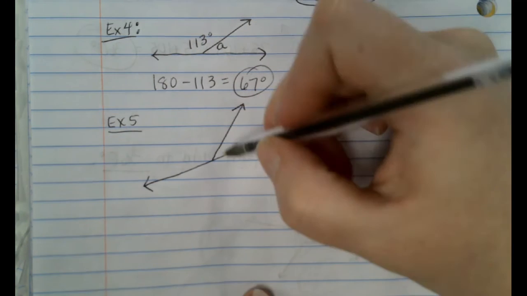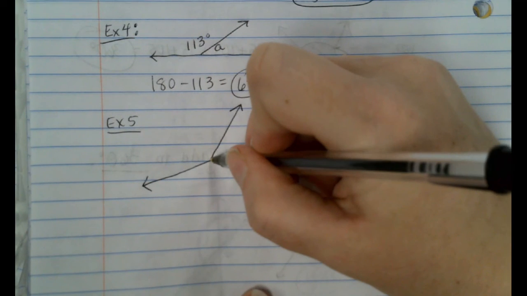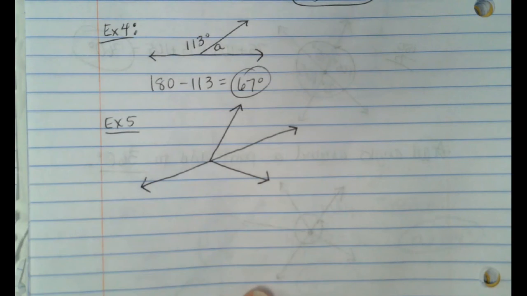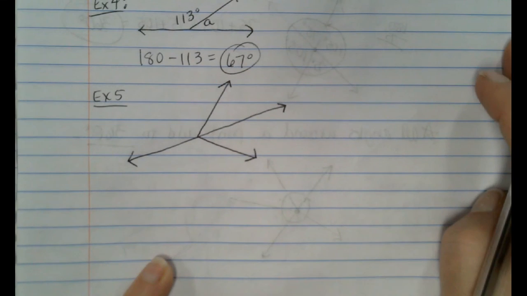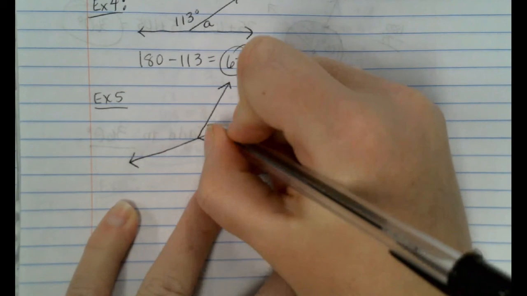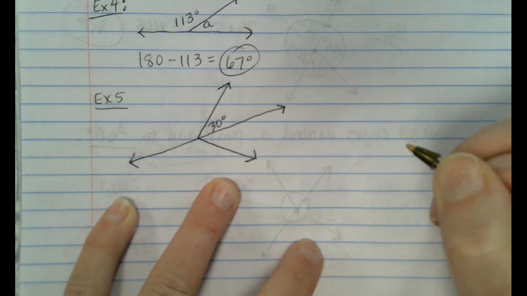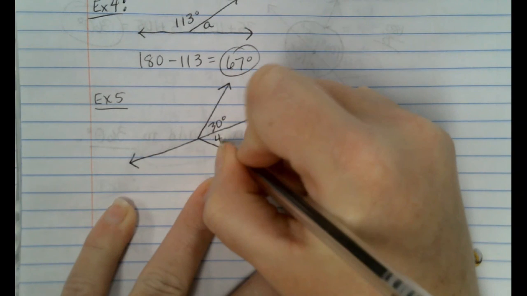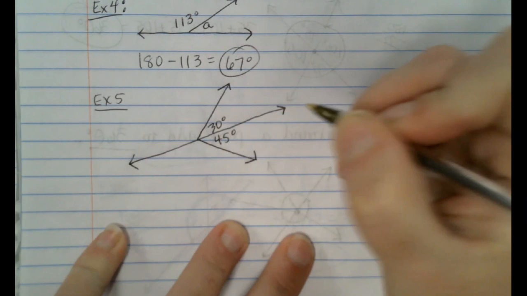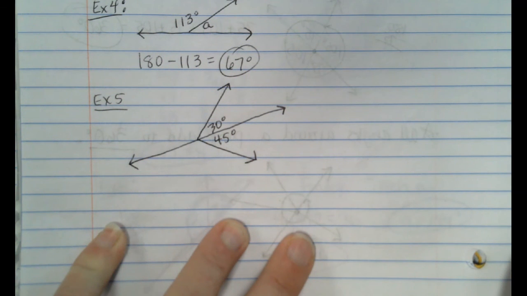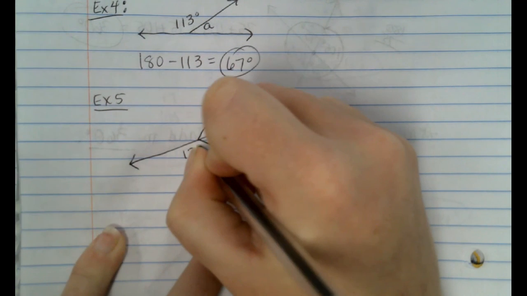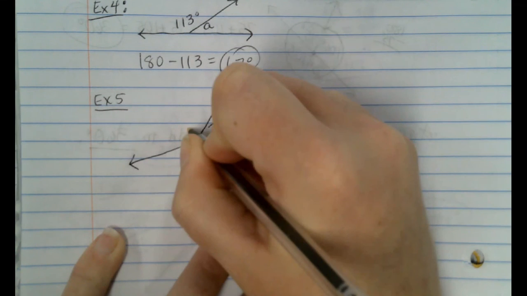And then I'm also going to cut it like this. Okay. And then I'm going to fill in some things here. This one's going to be 30 degrees. This one's going to be 45 degrees. And this one's going to be 135 degrees. And that guy's X.